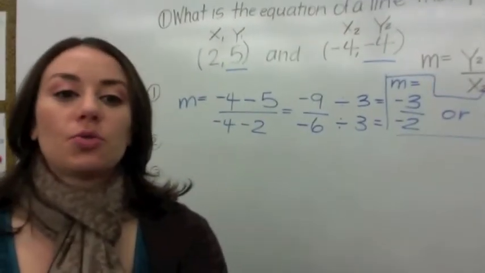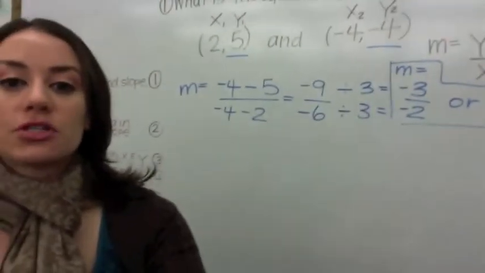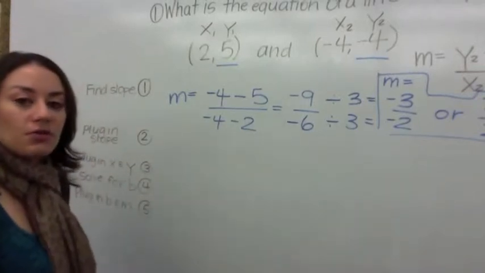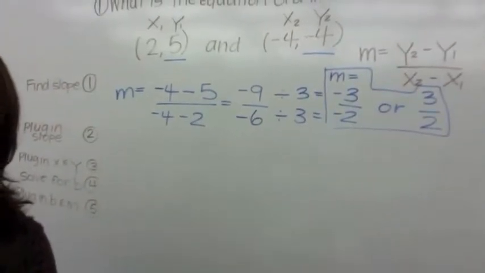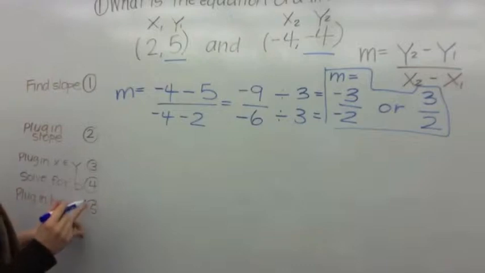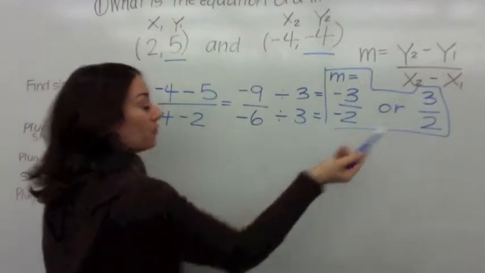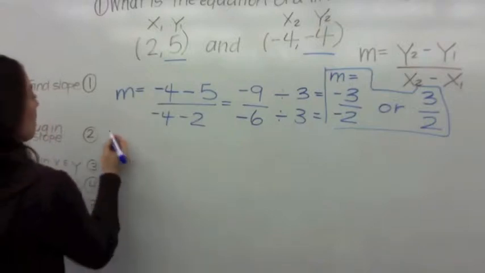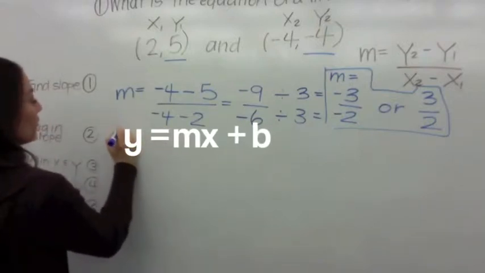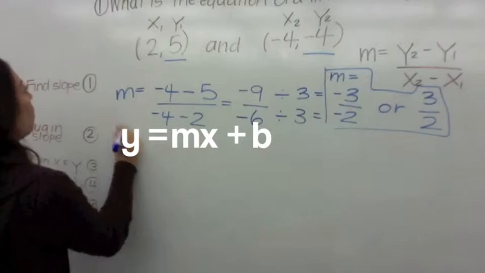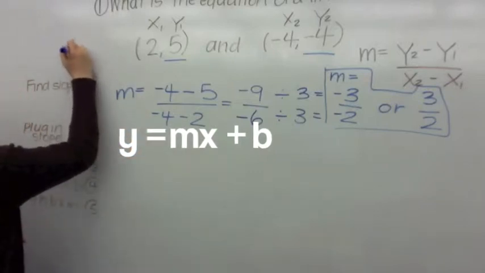Now what we're going to do is use what we found for slope to find the equation for the line. So first of all, let's plug in the slope. Let's use the +3 over 2. Let's write y equals mx plus b.